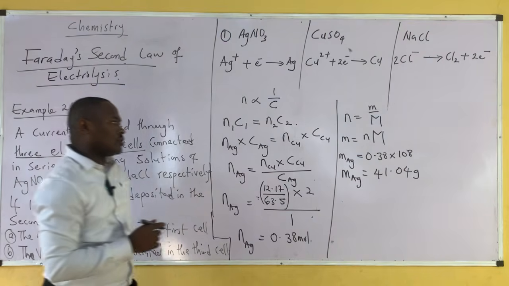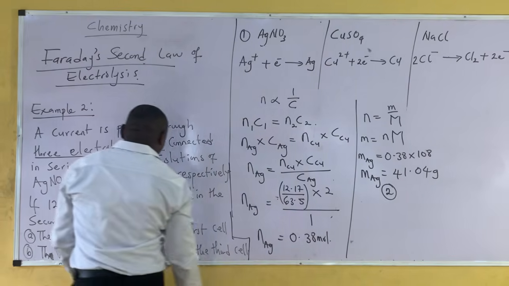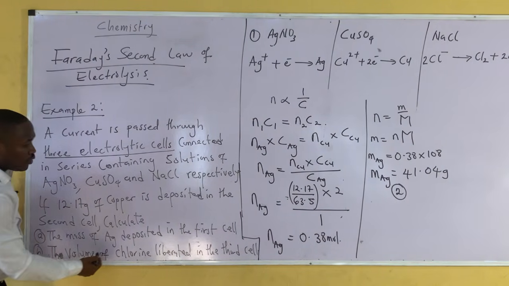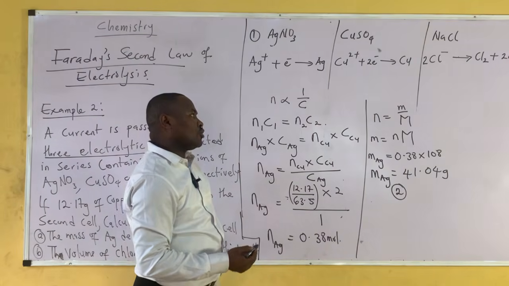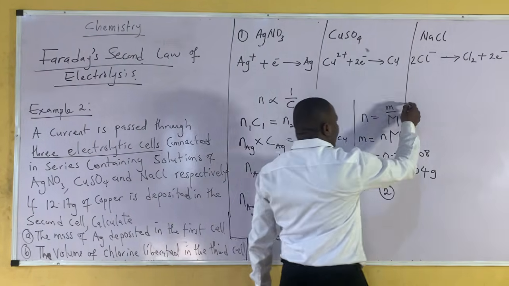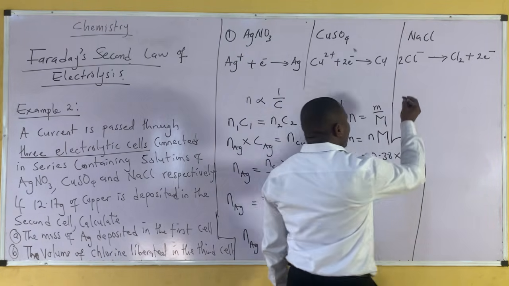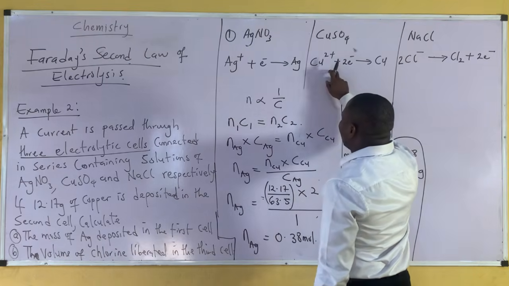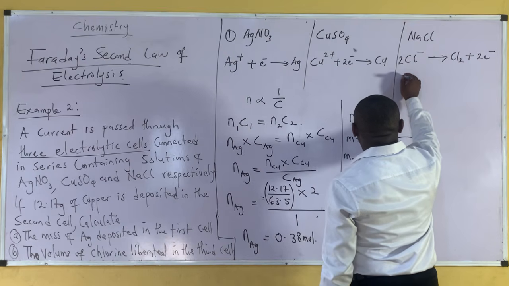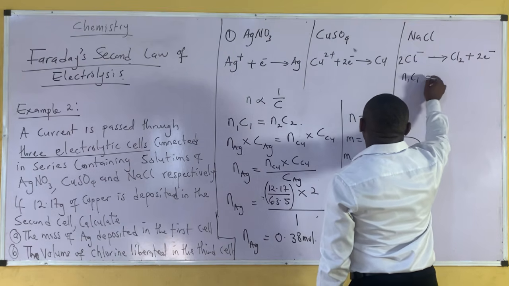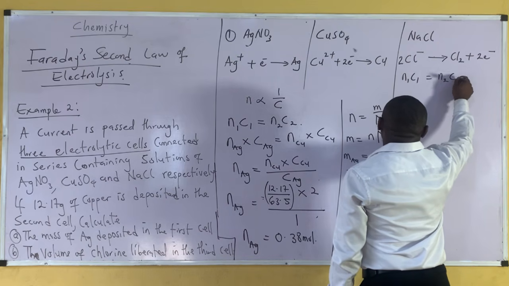Now, what's the next question? Question number 2 says we should calculate the volume of chlorine gas liberated in the third cell. How can I solve for that? I will compare this to this, making use of N1C1 equals N2C2.